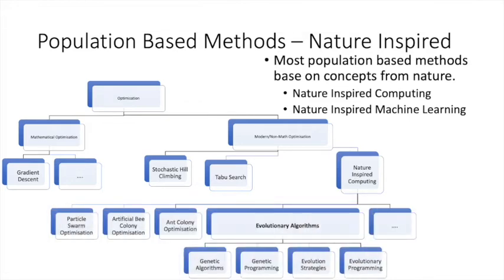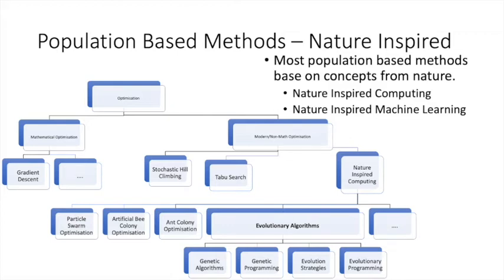And their names such as swarm optimization, artificial bee colony optimization, show a clear link with nature. However, among them, the most popular are called evolutionary algorithms because they are inspired by natural evolution. In turn, evolutionary algorithms come in a few forms such as genetic algorithms, genetic programming, evolution strategies, and evolutionary programming.